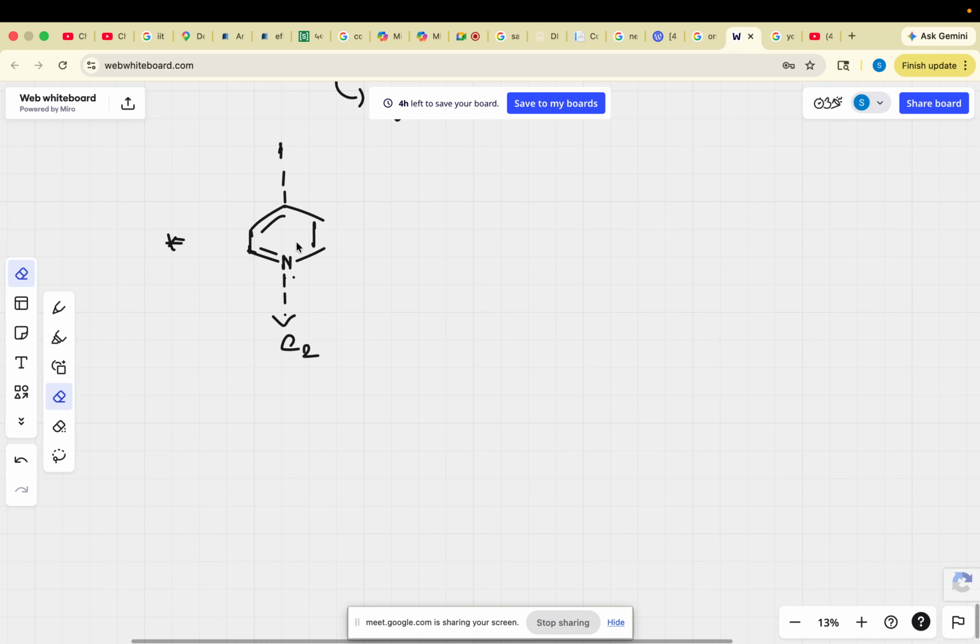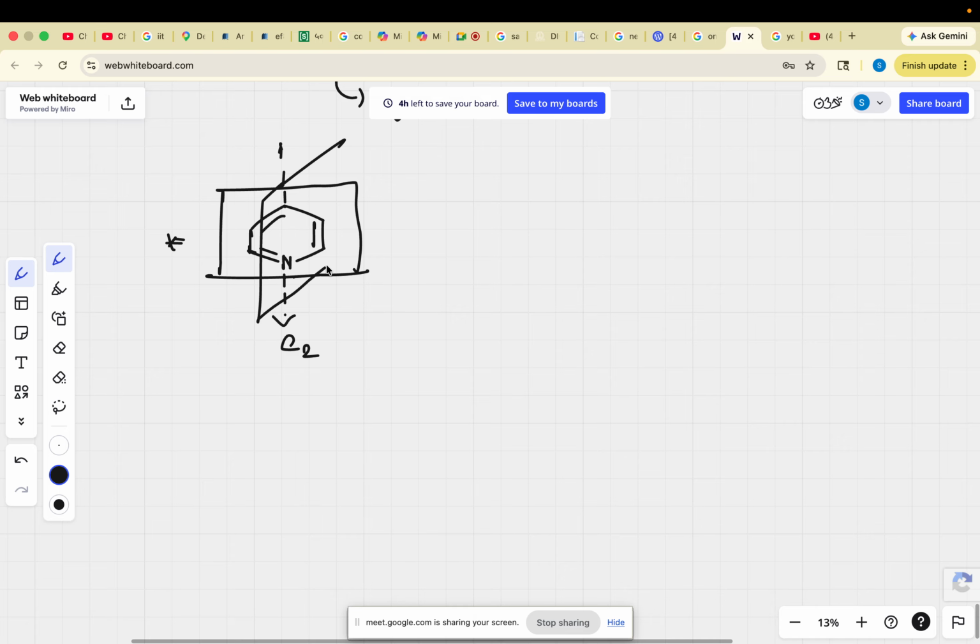Apart from that, is there anything else? Sigma v. One is along this plane. Another one will be like this, perpendicular. Both planes cut this nitrogen and this carbon, so the left hand becomes the mirror image of the right hand.